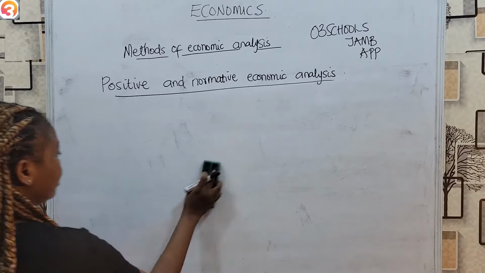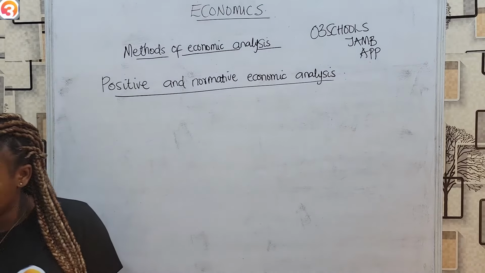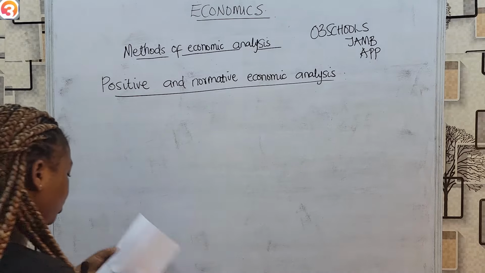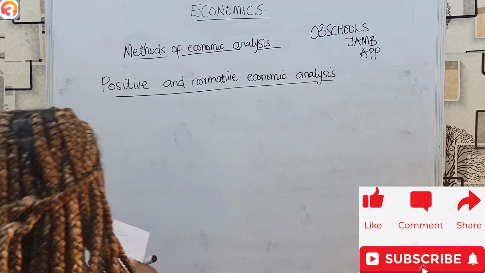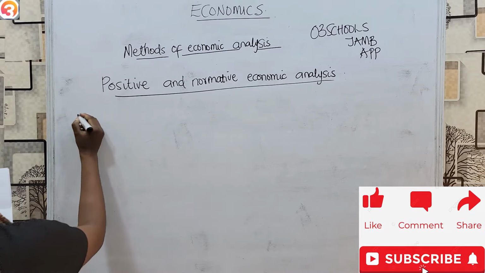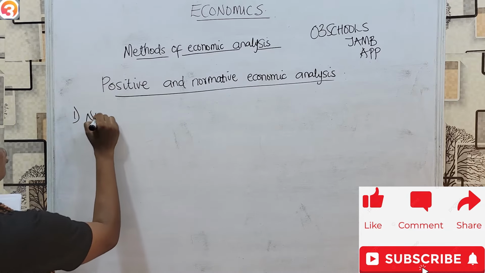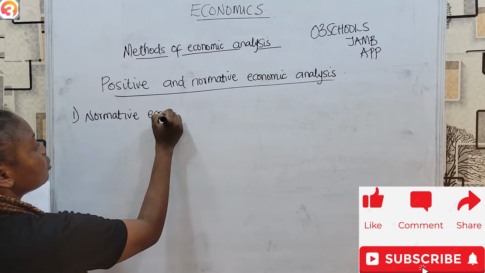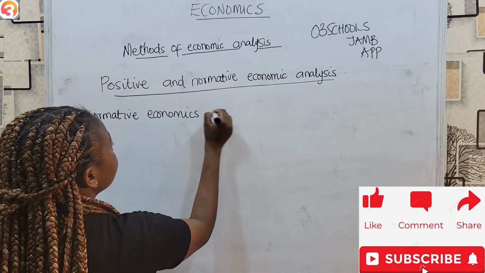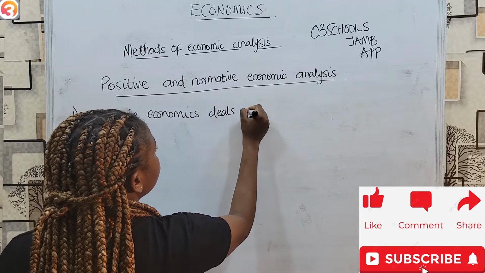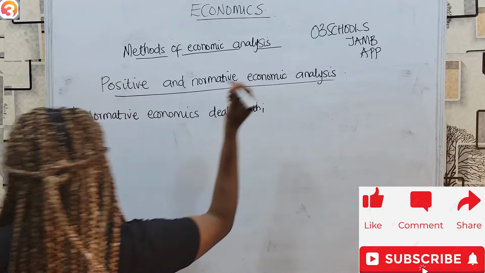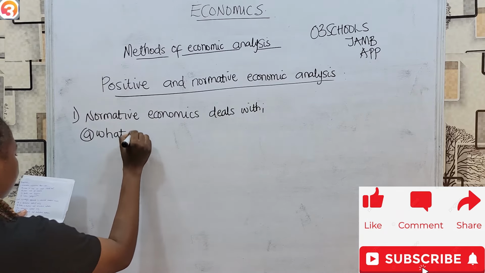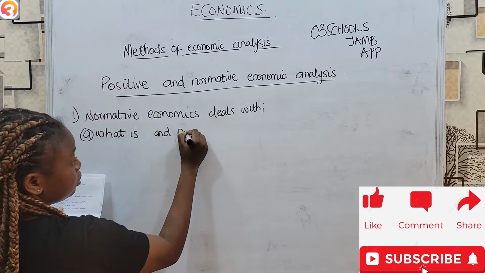There's a particular question that's actually very tricky. Now let's look at the question. The question said, normative economics deals with: the first option was what is and not what should be.